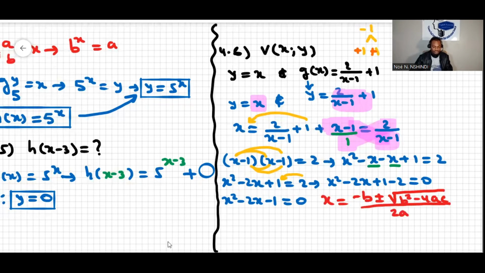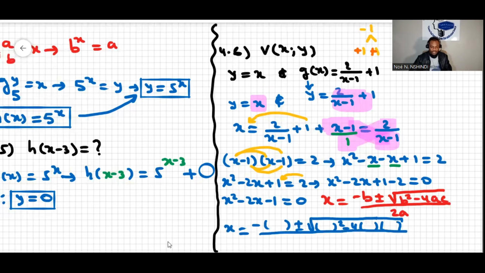Now I'm going to substitute here. x will be equal to minus b plus or minus square root of b squared minus 4 times a times c, all over 2a. Now let's sub in the values of a, b, and c. We note that a is 1, b is negative 2, so I'll sub in negative 2 there, plus or minus negative 2 squared, minus 4a, a is 1, and c is negative 1, over 2a, a is 1.